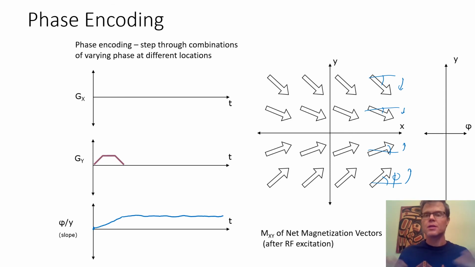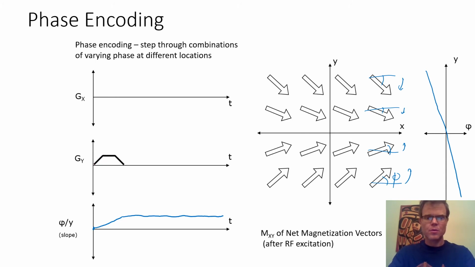So this phase that is due to the magnetic field gradients is fixed. And illustrating that over here, we have phase that is some function of the position y. And so this would be what we call one phase encoding step.